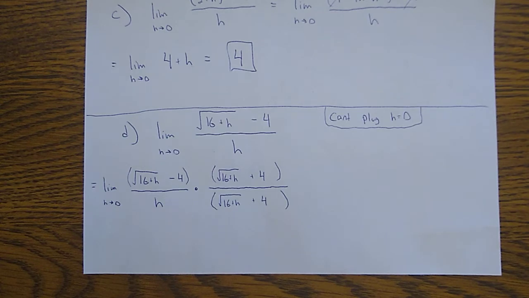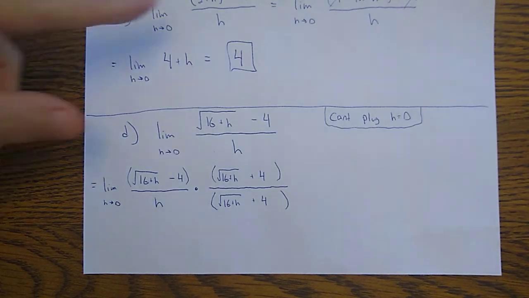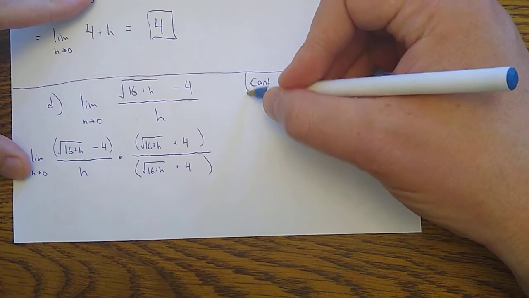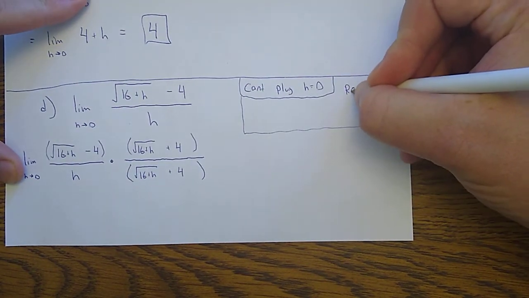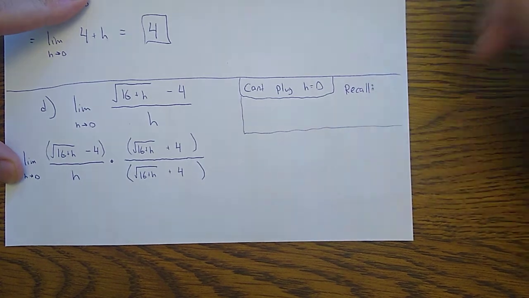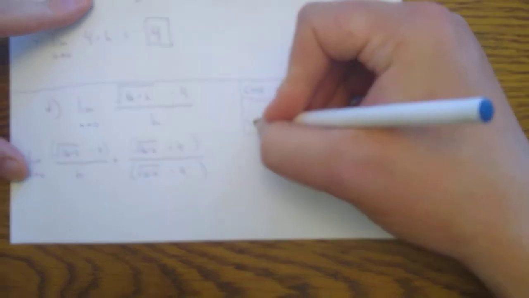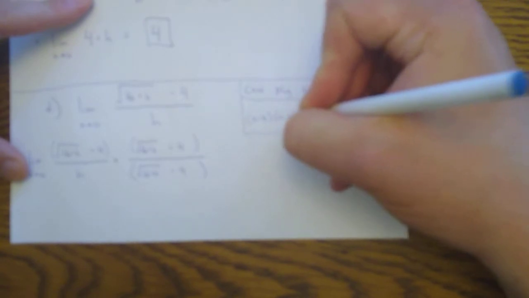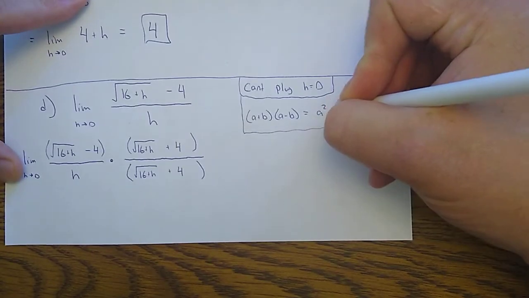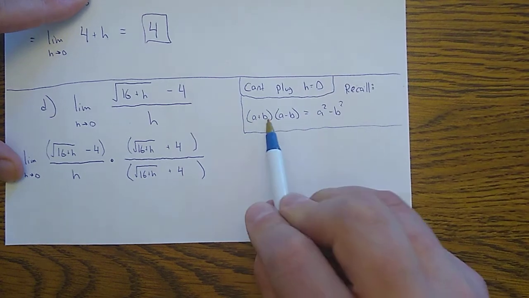Now, why would we do such a thing? So recall the following. a minus b times a plus b is a squared minus b squared. It's just the formula for the difference of two squares.